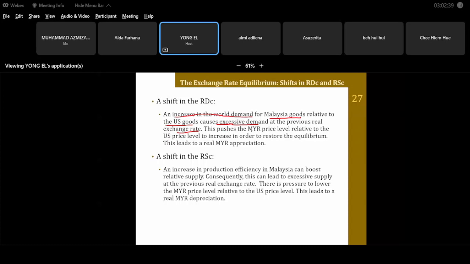This pushes Malaysian price levels relative to US price levels to increase in order to restore the equilibrium. This leads to ringgit appreciation, with the Malaysian price relative to the US increasing in order to restore equilibrium.